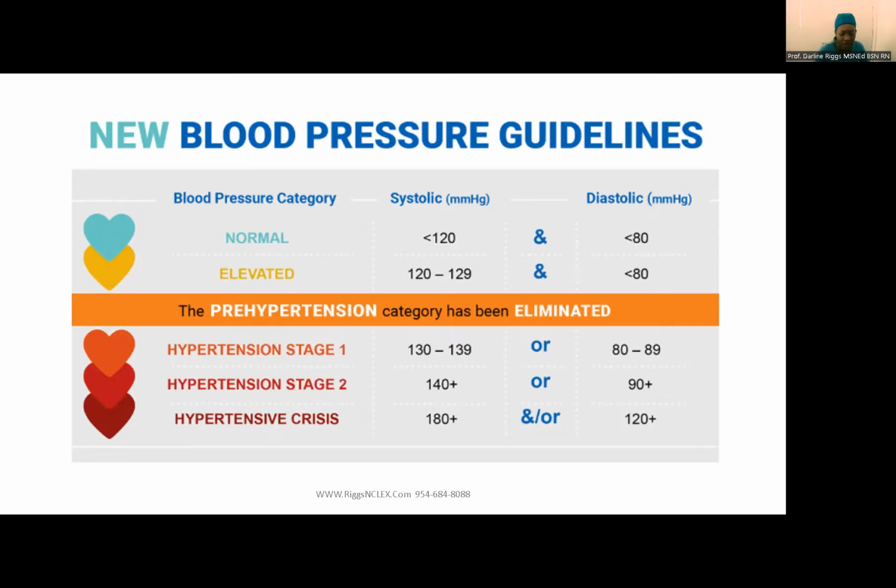And of course, clients could go into crisis, and certain disorders that we've already covered would cause that. So you do need to memorize this a little bit. Once we're at 139/89, you're at stage 1. Once you're over 140 and 90, you're at stage 2, okay? So keep those in mind as far as stage 1 versus stage 2.